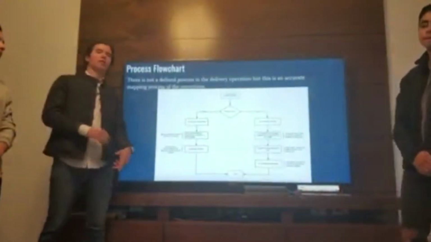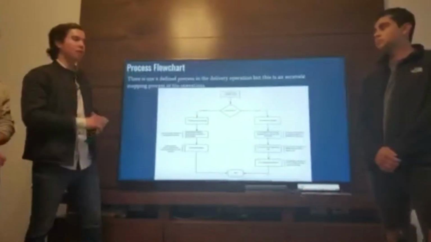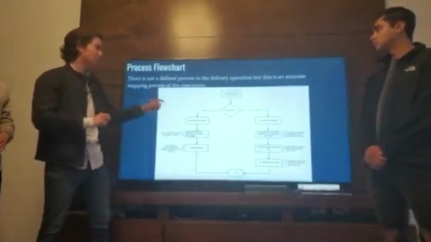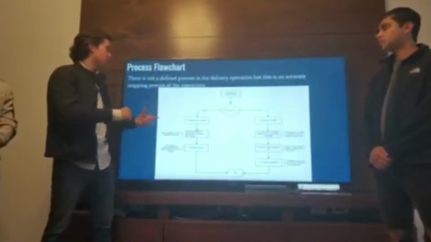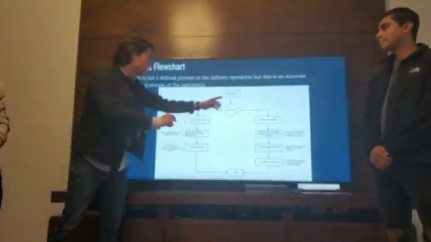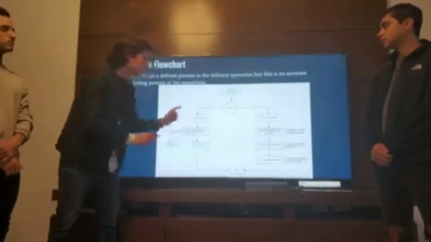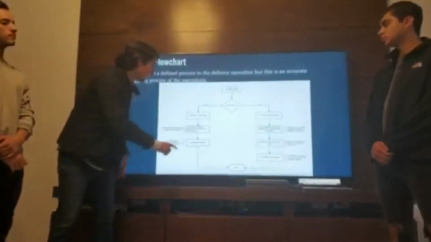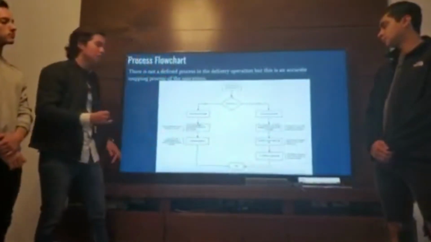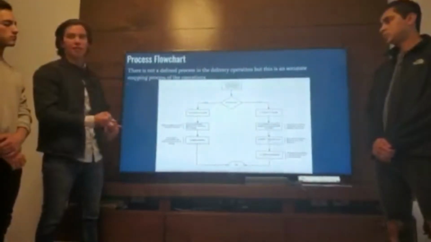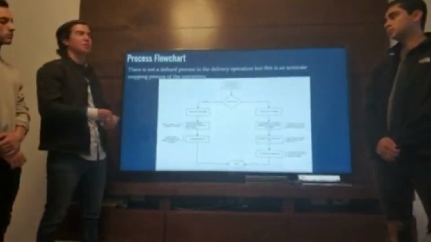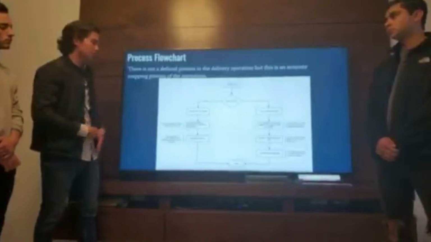Okay, now that we have identified the problem, we are going to map the process. We're going to go through it very fast: the client buys synthetic grass and determines the product, and we find that the problem is over here, due to the lack of machinery and the lack of an identified process.